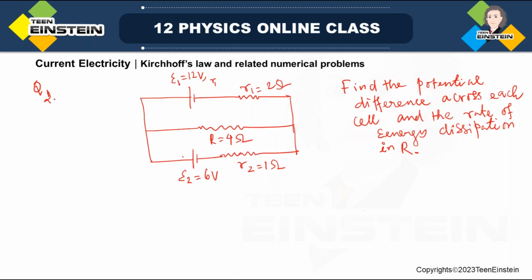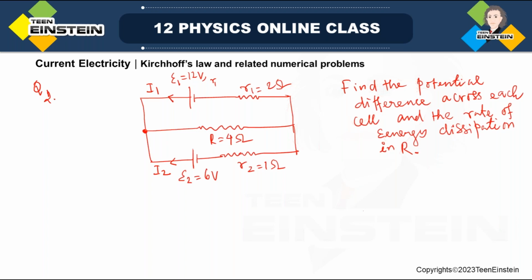As usual, what we'll do? Since there are batteries like this, I'll take this as current I1 and this as current I2.